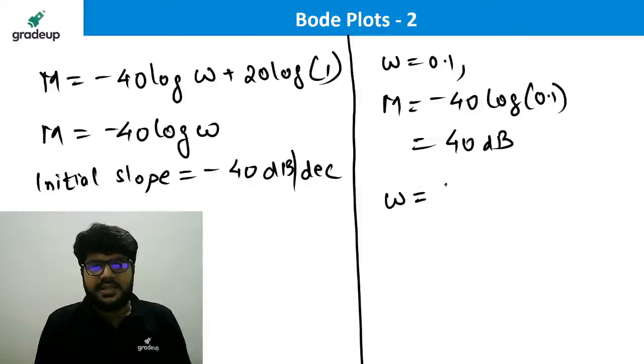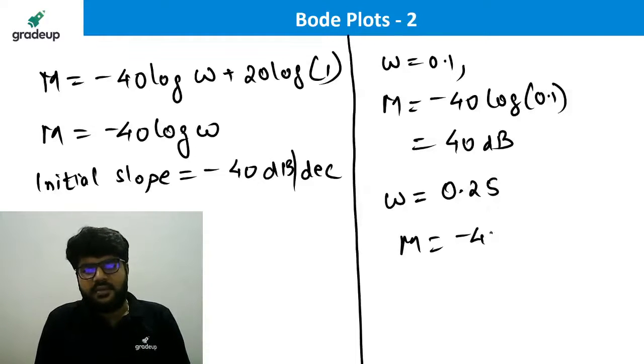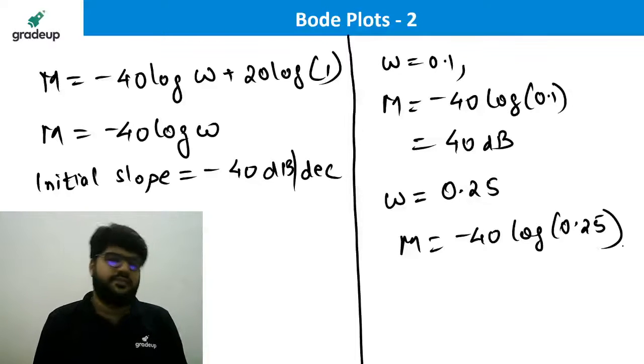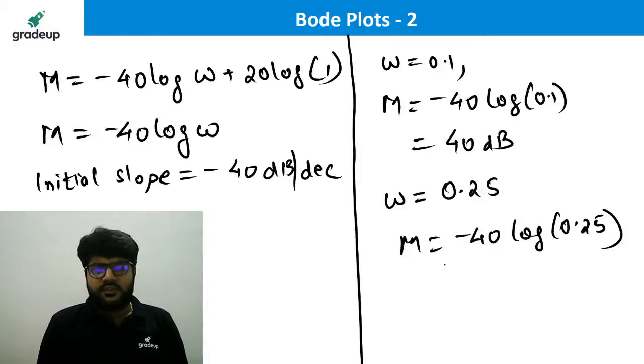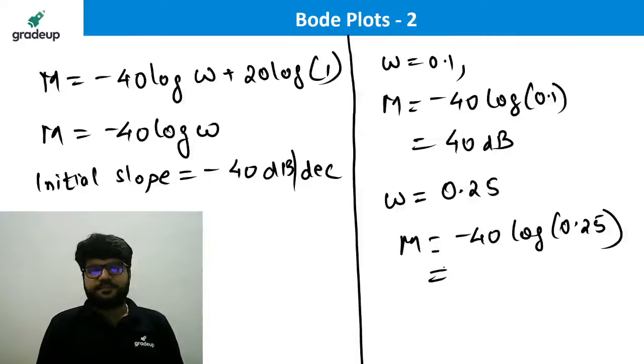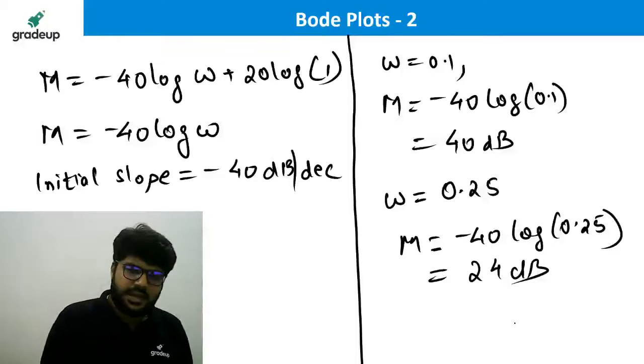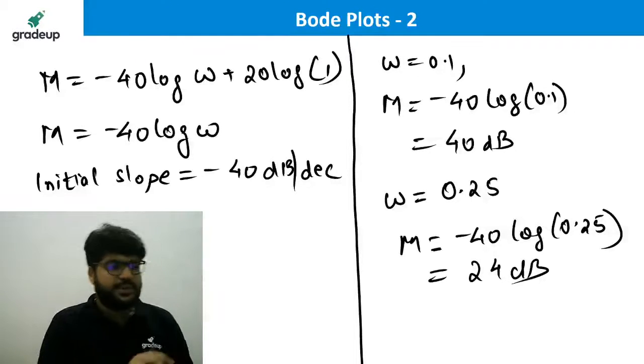And omega is equal to 0.25: magnitude equal to minus 40 log 0.25. That should come up as, I think, 24 decibel. Let me tally again. Yes, absolutely correct, 24.